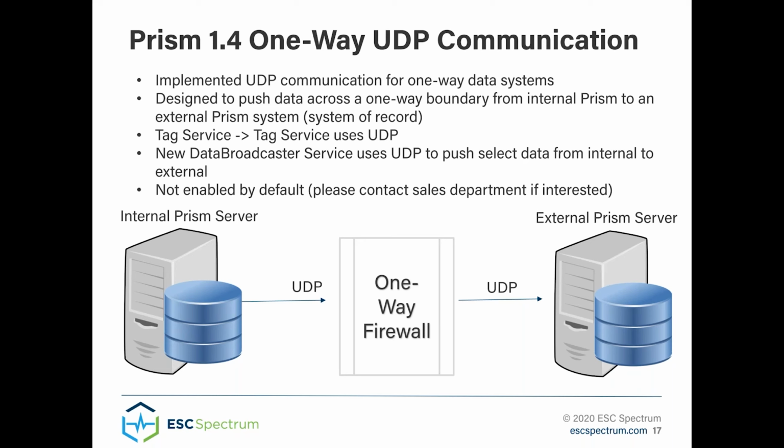None of this is enabled by default, but it's all in Prism 1.4. It's designed to work with an internal Prism server using that UDP data push across a one-way firewall to an external Prism server of record on the outside that captures that and essentially functions as normal on the outside. So something to consider if that's a requirement you may have coming up.